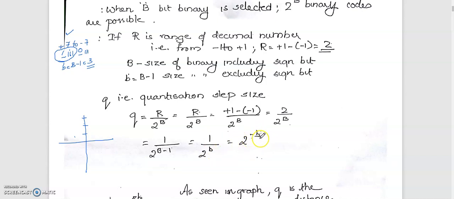So please note that this small b is the total number of bits excluding the sign bit. So you have a formula for the quantization step size: Q equals 2^-b, and please note that small b is equal to capital B minus 1.